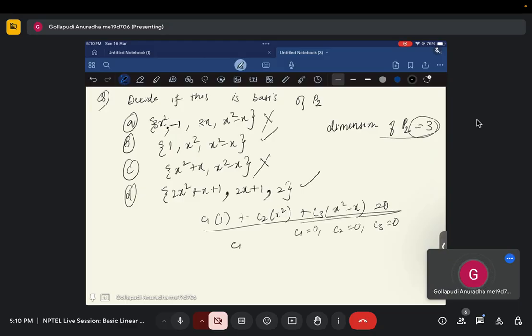So C1 is equal to 0 and C2, okay, so I'll write this as C1 plus C2 plus C3.